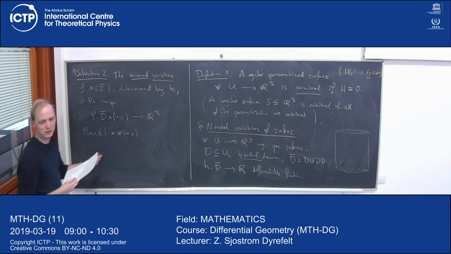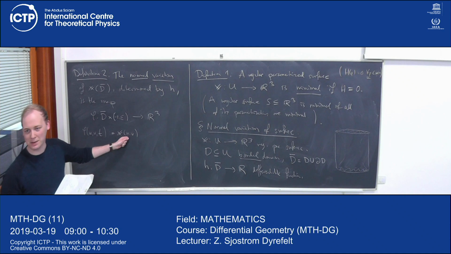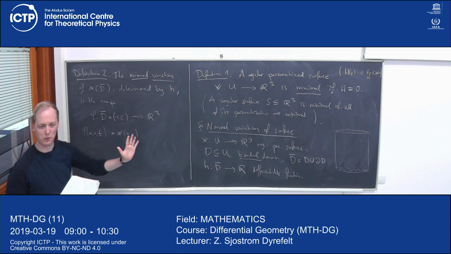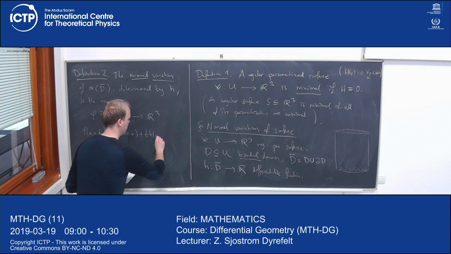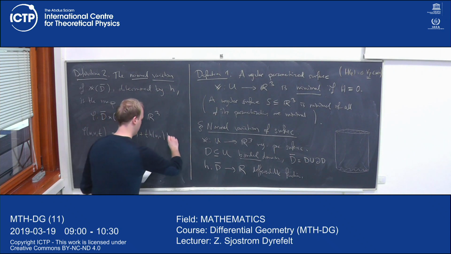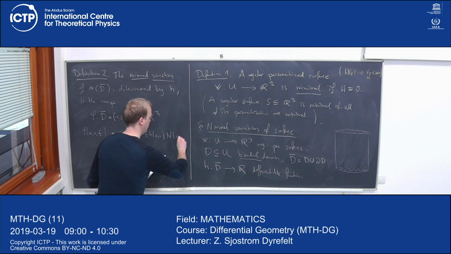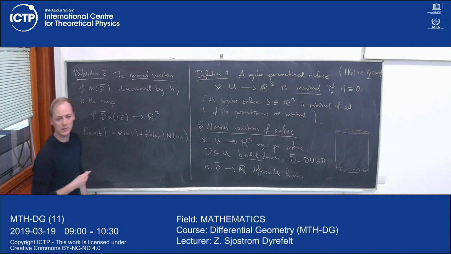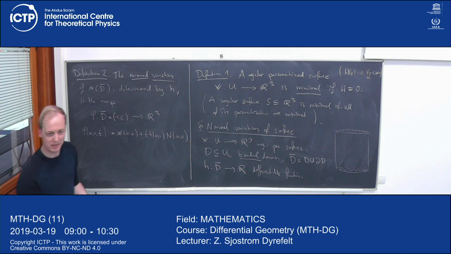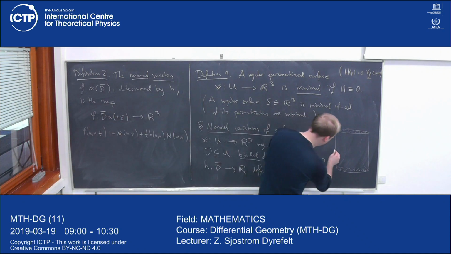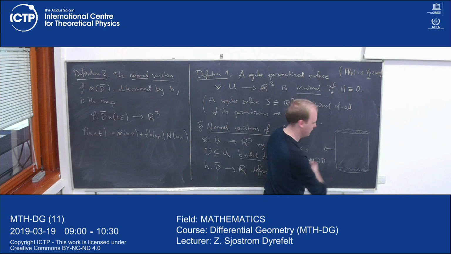So this was our usual parameterization, and then I will add something that depends on t, which will deform the surface. So plus t times h of (u,v) times N of (u,v), where N is the normal vector. Okay? So I will deform it in the direction of the normal vector. So let's see here. Here I have a normal vector, okay, pointing inwards or outwards depending on your orientation of the surface.